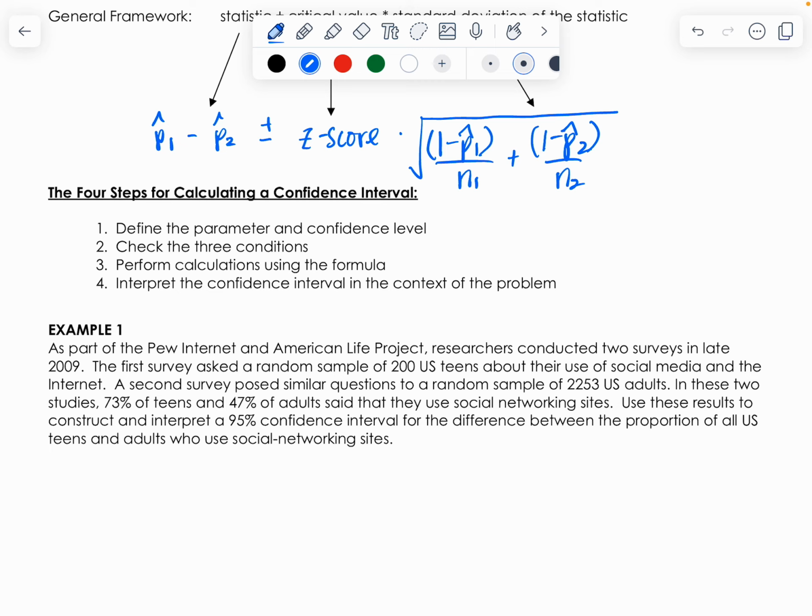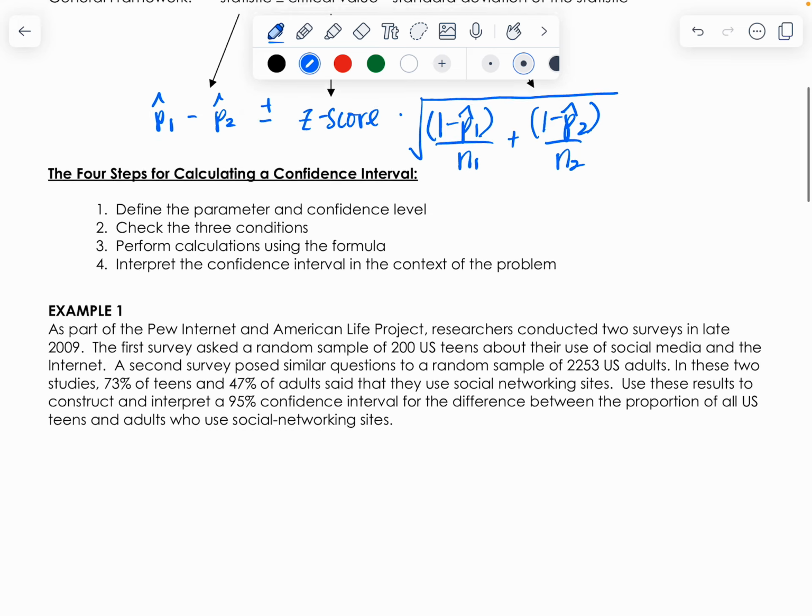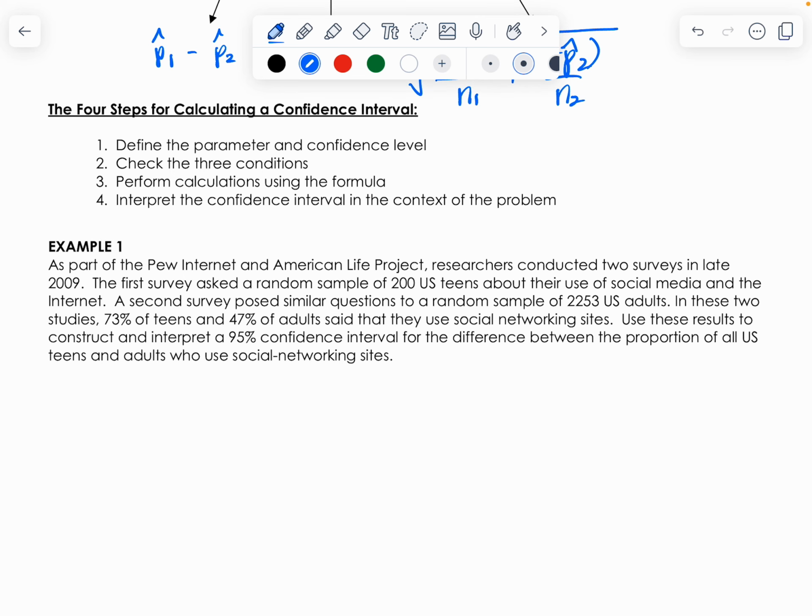So let's go ahead and read example 1. It says, as part of the Pew Internet and American Life project, researchers conducted 2 surveys in late 2009. The first survey asked a random sample of 200 U.S. teens, so n1 equals 200, about their use of social media and the internet. And a second survey posed similar questions to a random sample of, so n2, 2,253 adults.